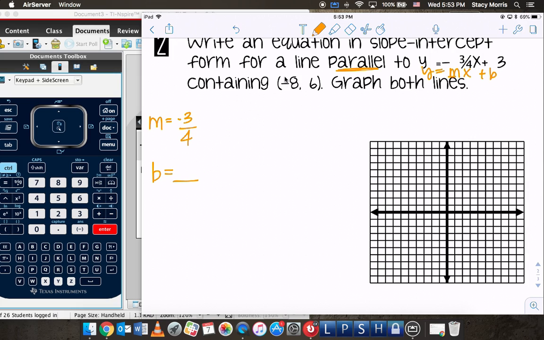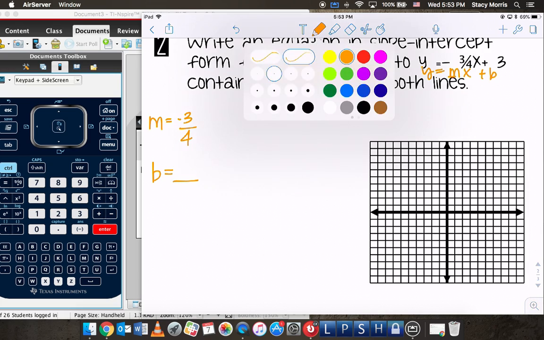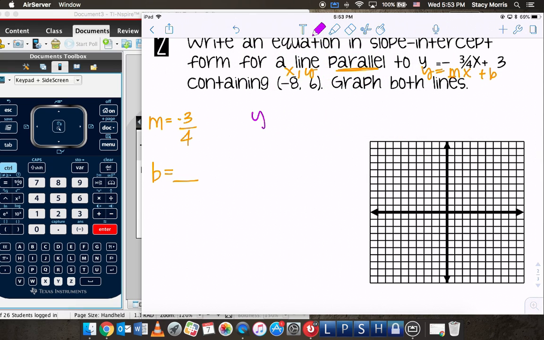We know that we have an x of negative 8 and a y of 6 because these are an x, comma, y. That's an ordered pair. So we're going to plug all of that in to y equals mx plus b. So y is going to be 6 equals our m, or our slope, is negative 3/4 times our x is going to be negative 8 plus b.